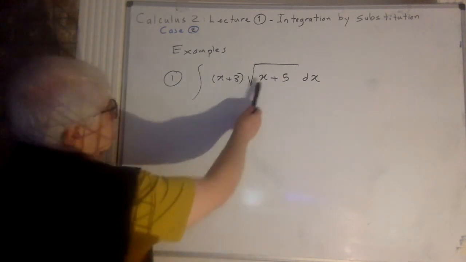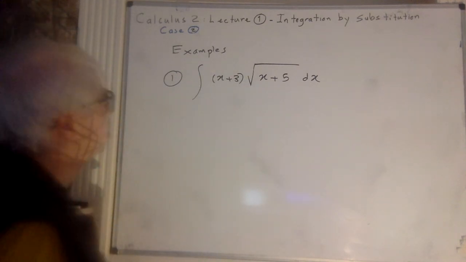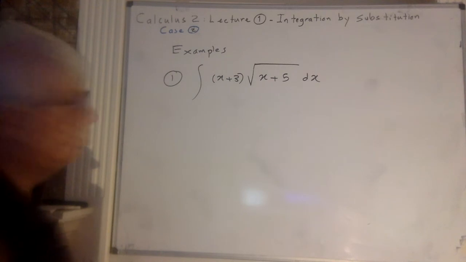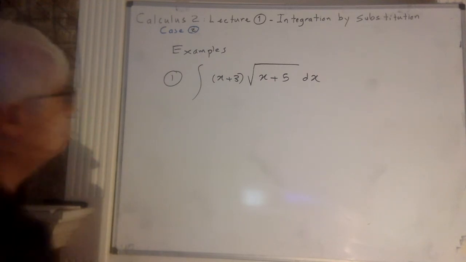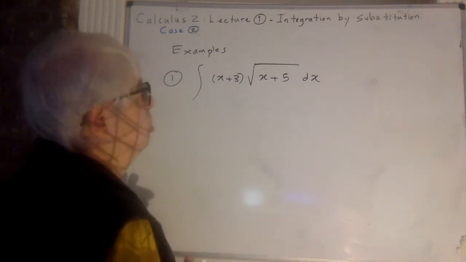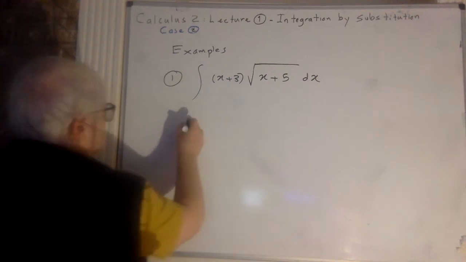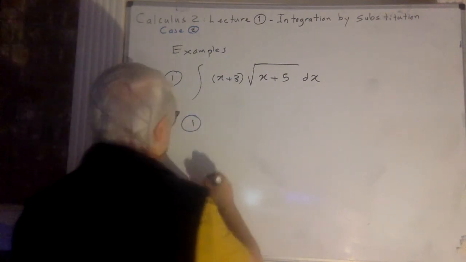So the derivative of this is 1. But there is no 1 here, it's x plus 3. So that's what we do. Even if you start with substitution, you probably go somewhere, but not exactly.